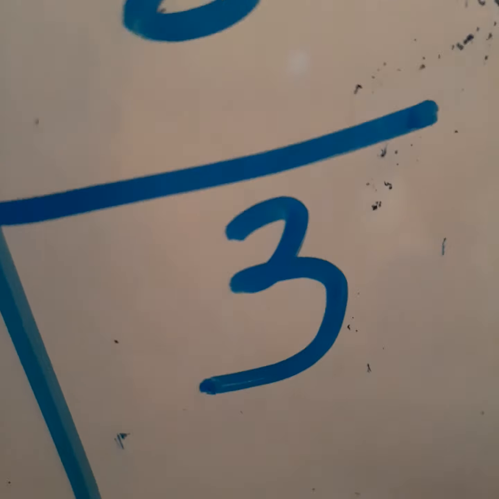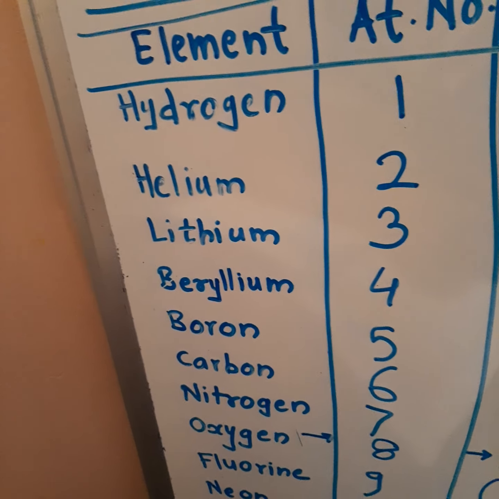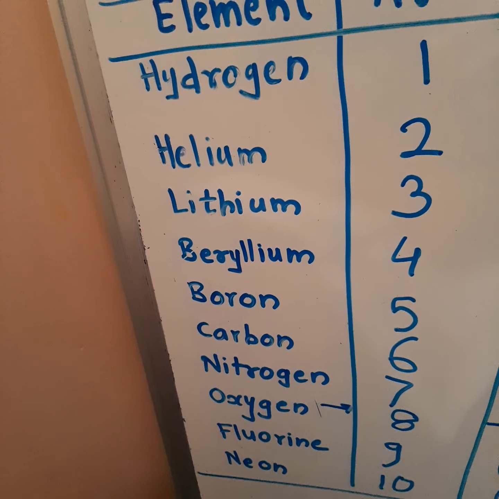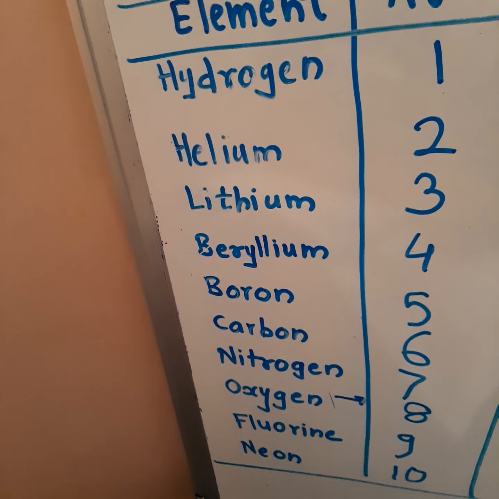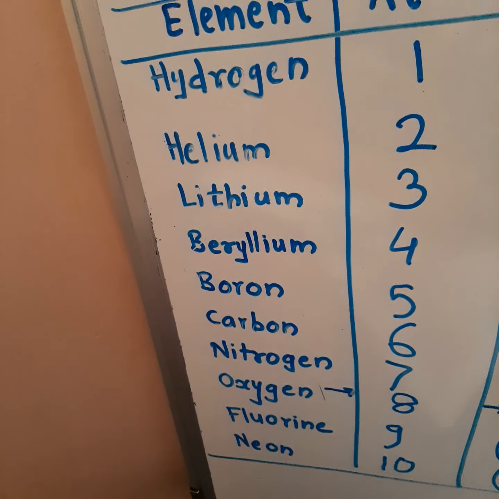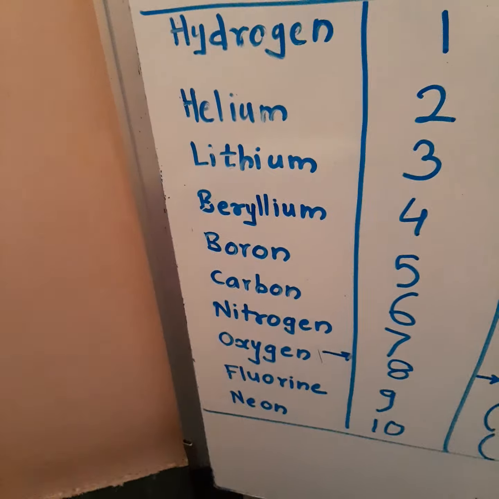Elements in the same group show similarity and gradation in their properties. These characteristics of groups and periods in the modern periodic table are because of the electronic configuration of the elements. It is the electronic configuration of an element which decides the group and the period in which it is placed.